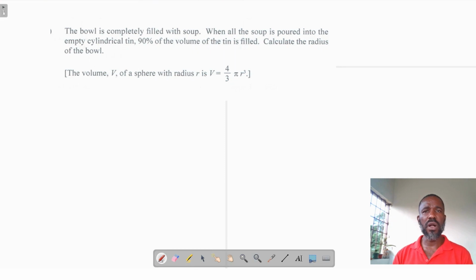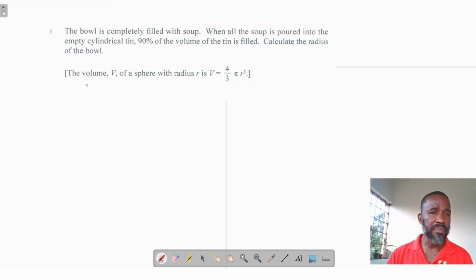When all the soup is poured into the empty cylindrical tin, 90% of the volume of the tin is filled. Calculate the radius of the bowl. What they are simply saying is that when they pour all the soup from the bowl into the cylindrical tin, it only fills the tin to 90%.